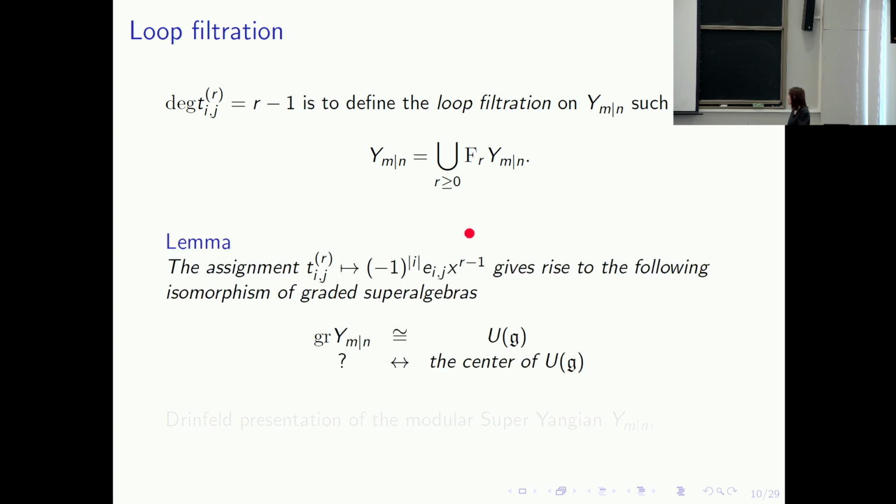Such assignment gives rise to the following isomorphism of graded superalgebras. When we have such an isomorphism, there is a natural question: what is the inverse image of the center of the universal enveloping algebra? In order to answer the question, we need the Drinfeld-type presentation of the modular super Yangian.